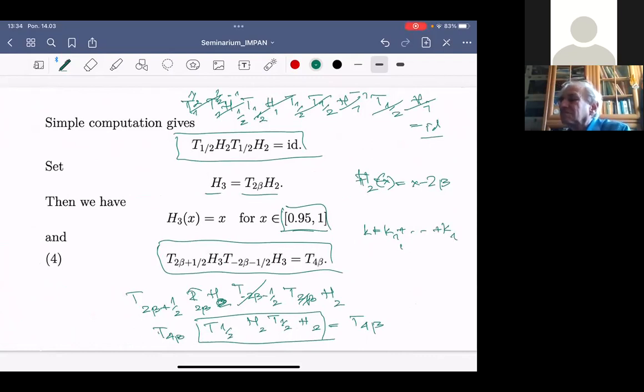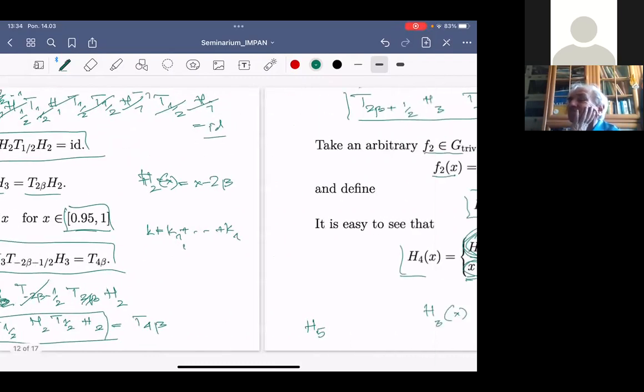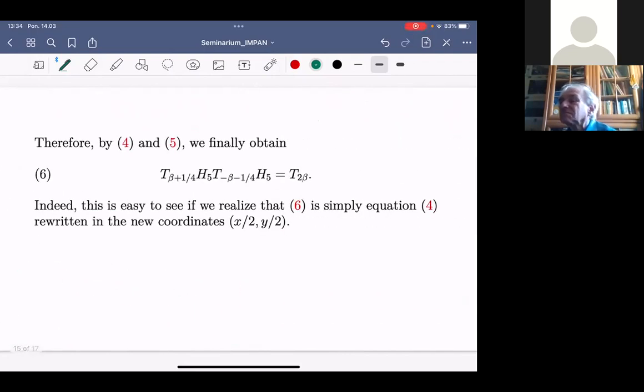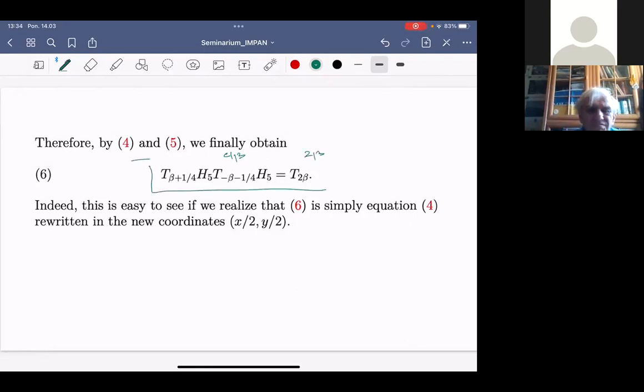But we computed that in H3 it occurred 2 times. So on the left-hand side, we have 4 beta, and here we'll have 2 beta. So in this way, we obtain exactly the identity we wanted to have.